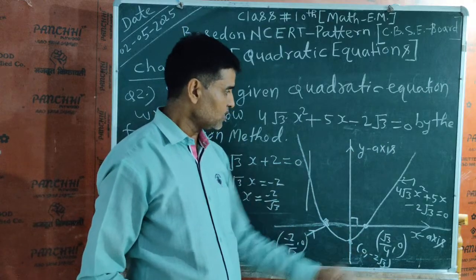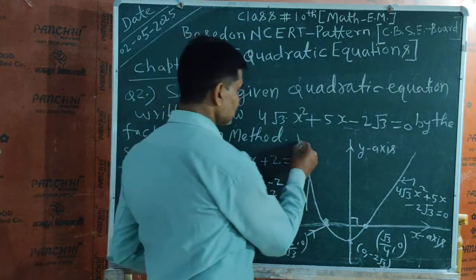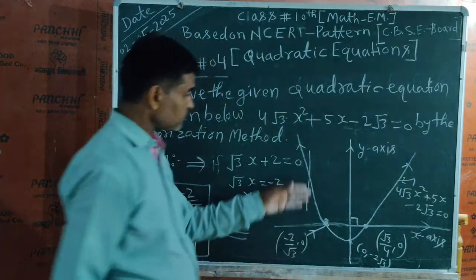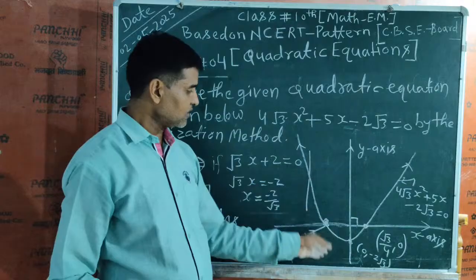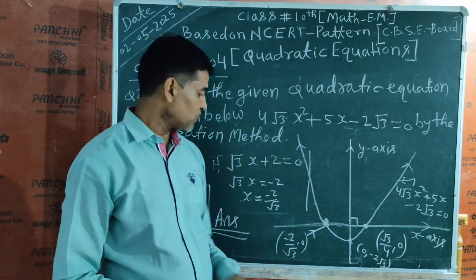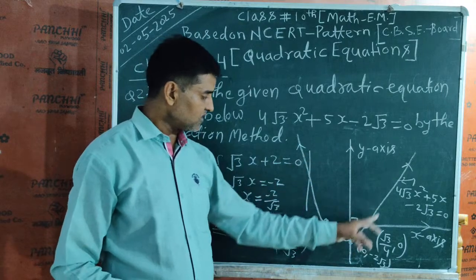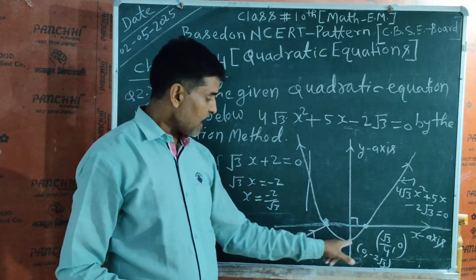Okay student, so this is a particular parabola, which lies in the first, second, third and fourth quadrants. So this is not the vertex, only this curve is intersecting at the point.